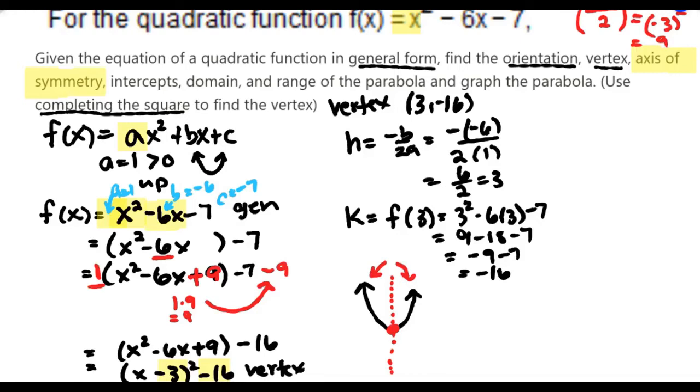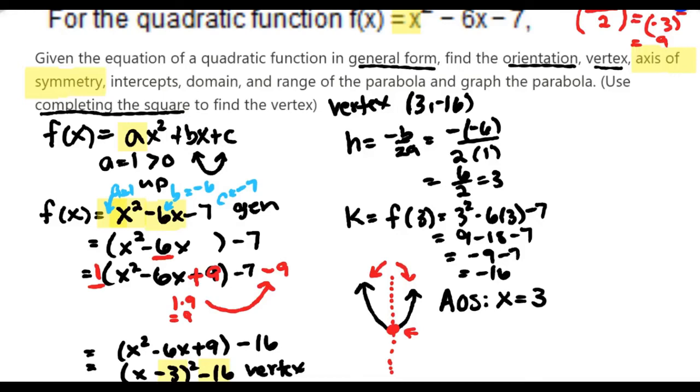So what we need to know is the vertex in order to state what the axis of symmetry is. So the axis of symmetry will be a vertical line. The equation of vertical lines is x equals, and we'll use the x-coordinate of the vertex to state what that vertical line is. So the vertical line, x equals 3, is the axis of symmetry for this function.